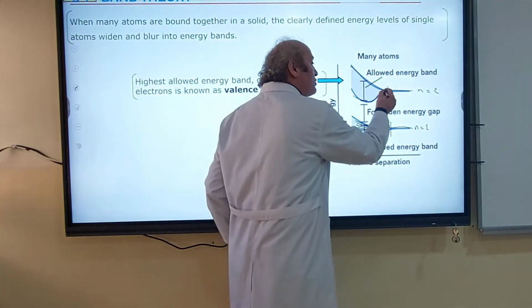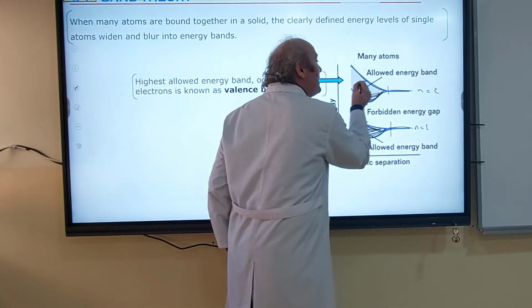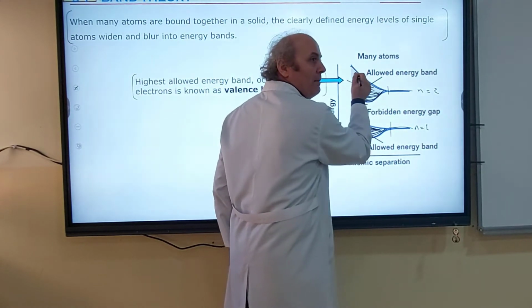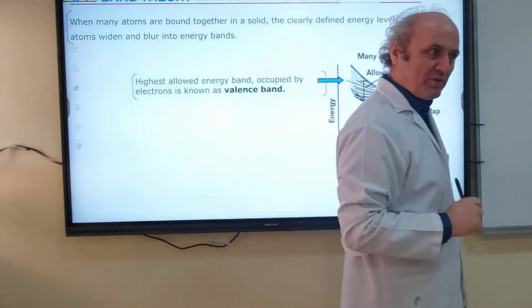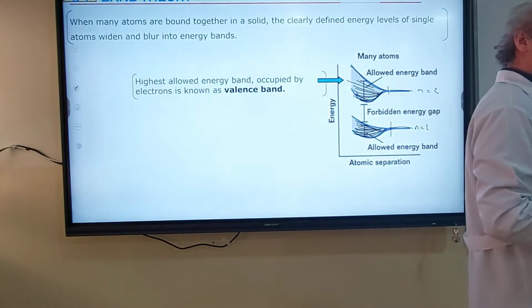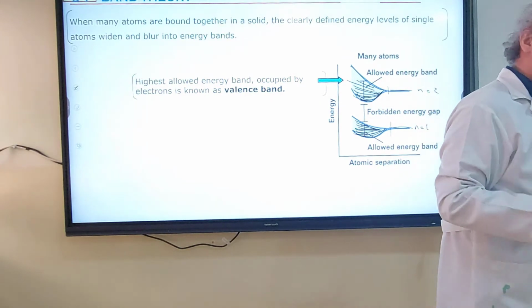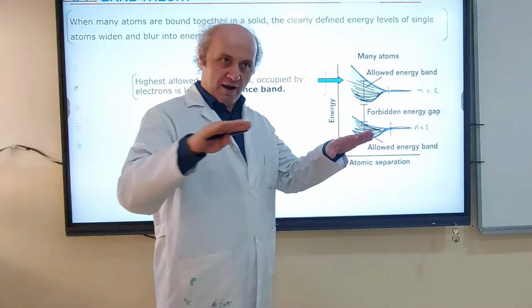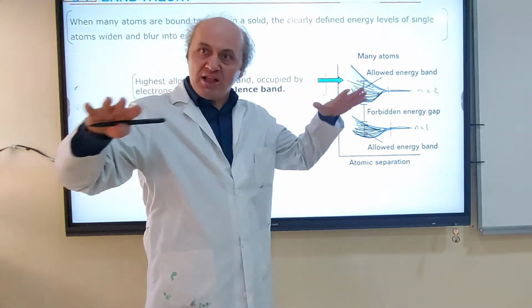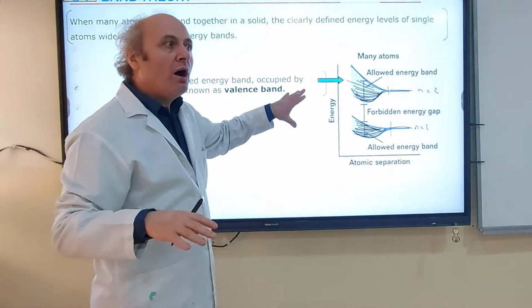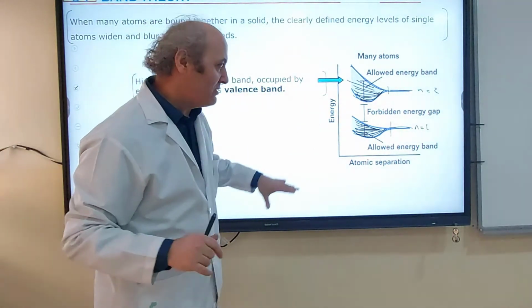But when they are brought together, it splits billions of times and makes a band. In short, in single atoms we have energy levels, but in solids we have energy bands.